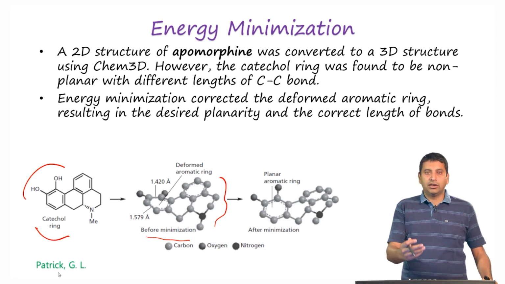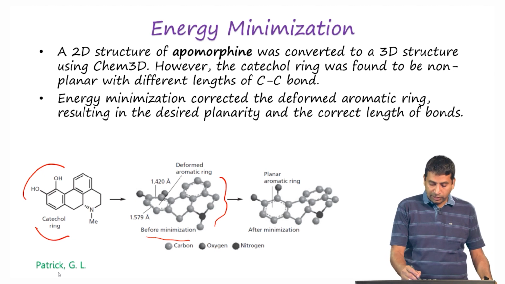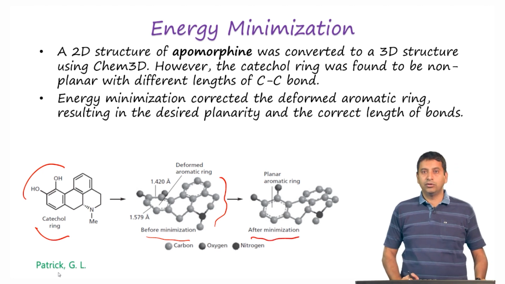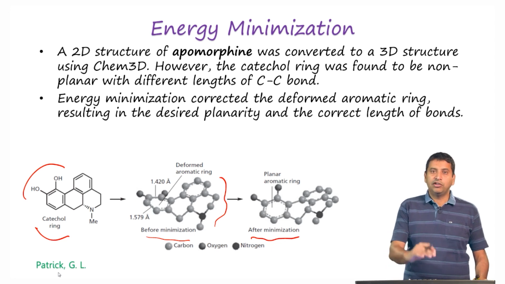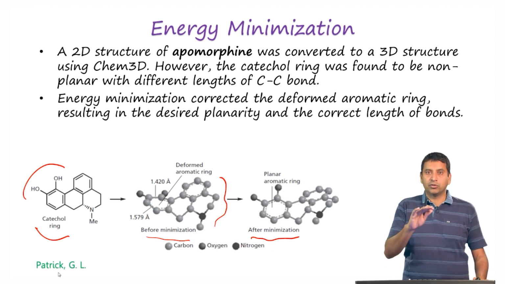Now, when you do the energy minimization, you can correct the deformed aromatic ring, and the desired planarity and the correct length of bonds can be arrived at. So, here is the structure of the molecule after you do the energy minimization. Therefore, this energy minimization helps us arrive at a conformation which is quite stable.